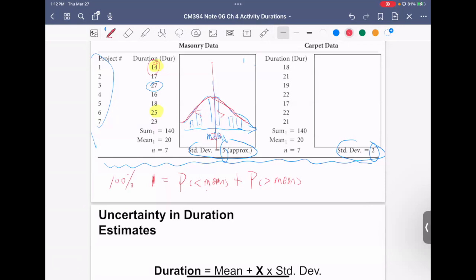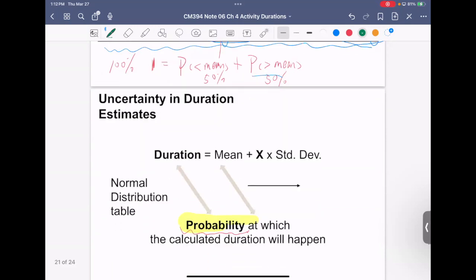So this is 50 percent, and this is another 50 percent, right? So this is this half, and that is that half, or however you want to color in green. Okay, so that is why we have this distribution plot here, and also when we go back to the table, you will see more detail about it.